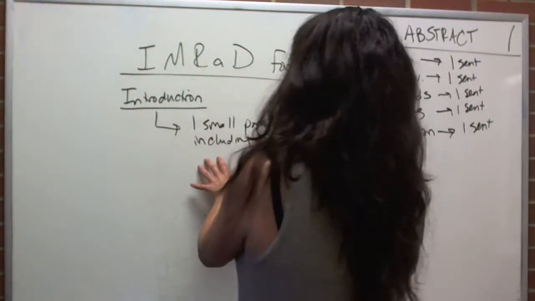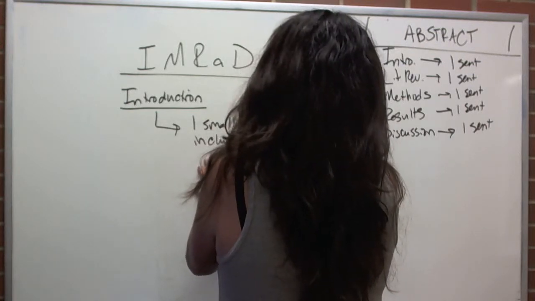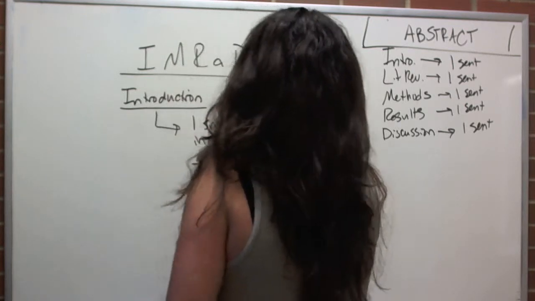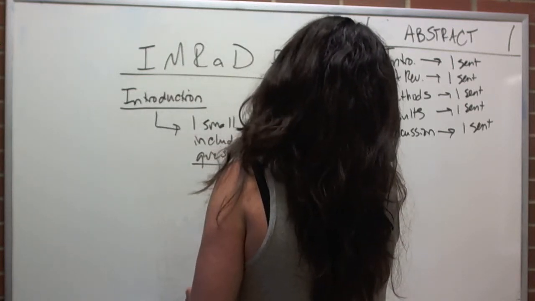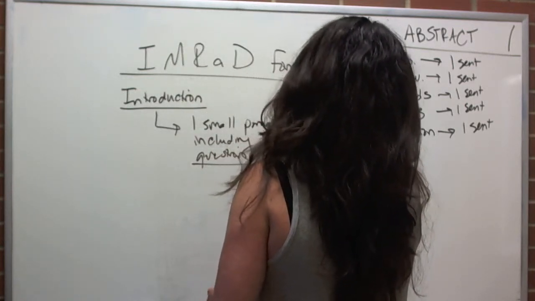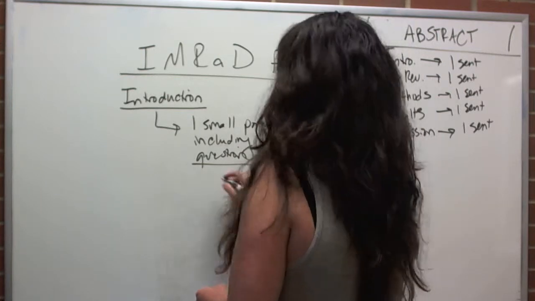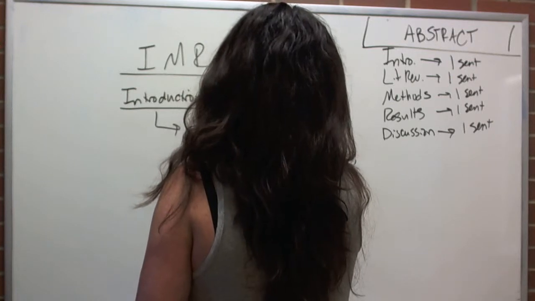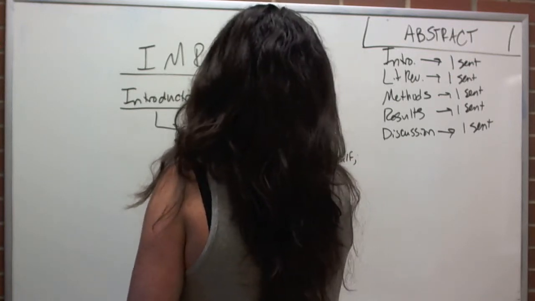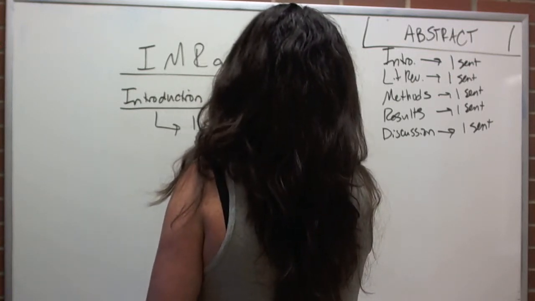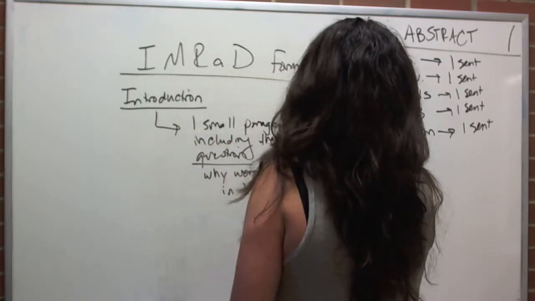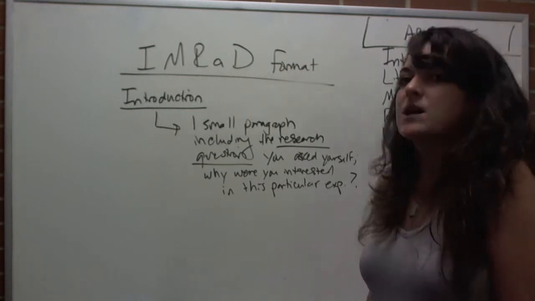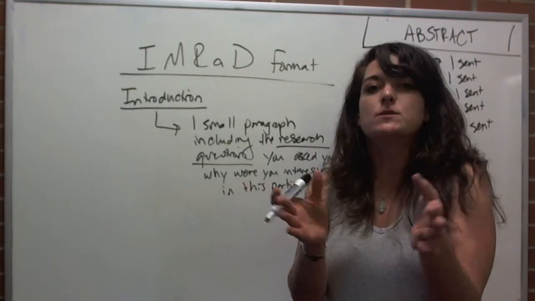So one small paragraph including the research question you ask yourself, okay? Now the other way to look at this is, why were you interested in this particular experiment? Okay, so introductions are meant to be smallish.